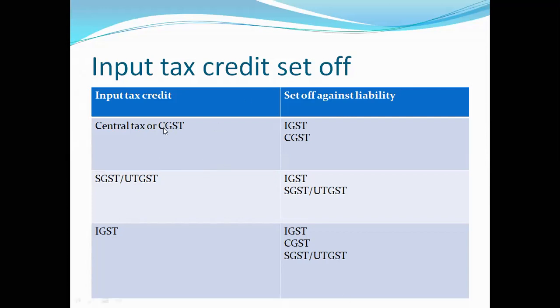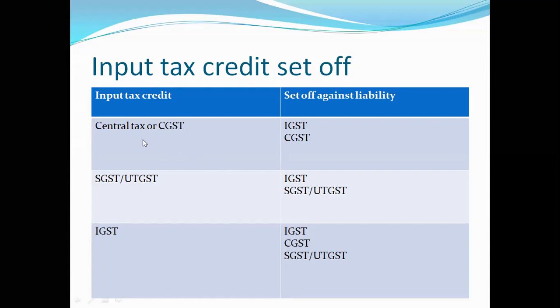CGST can be utilized for payment of IGST and CGST in the order. SGST amount can be utilized for payment of IGST and SGST. IGST amount can be utilized for payment of IGST, CGST, and SGST. And if you see this table, the SGST amount which you have in balance cannot be used for payment of CGST.